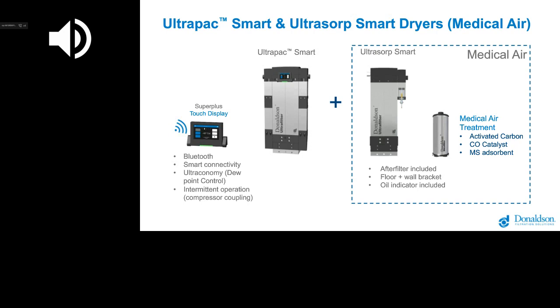So specific fillings here with activated carbon, with a special catalyst to remove the CO, and a special molecular sieve to remove even further the SO2 and the NOx concentration. Also, we have to take into consideration that an after filter is already included here, and an oil indicator. This is an oil indicator tube where you can easily identify if your activated carbon and your adsorbent material is still in a good condition and does not require service immediately.